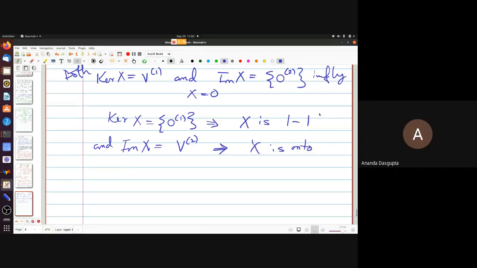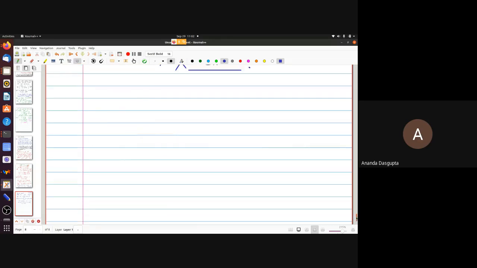Both together, and they have to hold together now. One holds from the fact that the set T11, T12 is irreducible. The other holds from the fact that T21, T22, T2n is irreducible on V2. When you have both of them together, X is 1 to 1 and onto, so X inverse exists. So that's the proof of Schur's first lemma.